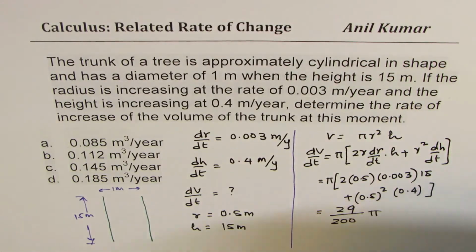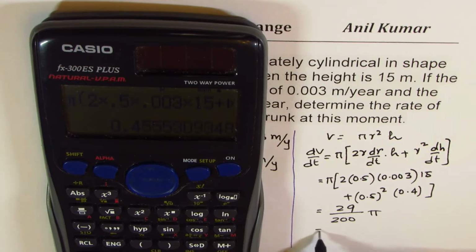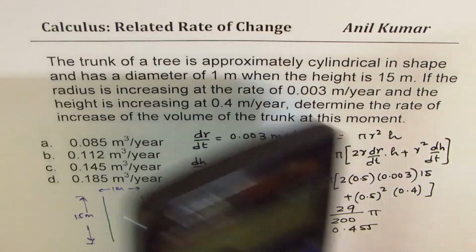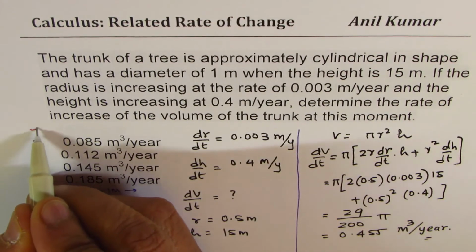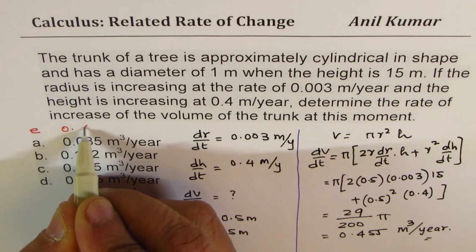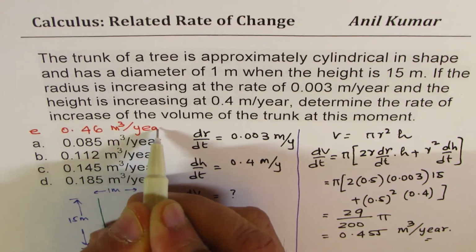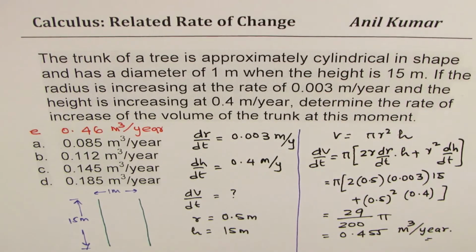Now the choices are in decimals, so we'll just find decimal equivalent of this, which is equal to 0.455, something like this. Let's continue. We'll add our option E, which is 0.46 meter cube per year, right? So I think there's some typing error here. And let's move on to the next question.